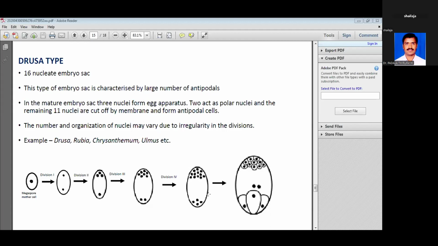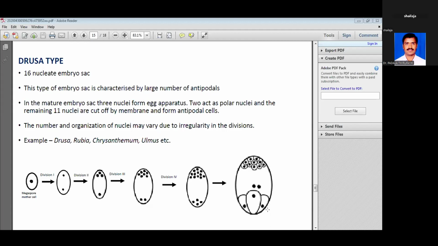Then from the micropylar end and the chalazal end, one from each comes to the center, those are the 2 polar nuclei, and the remaining are all the mature embryo sac.